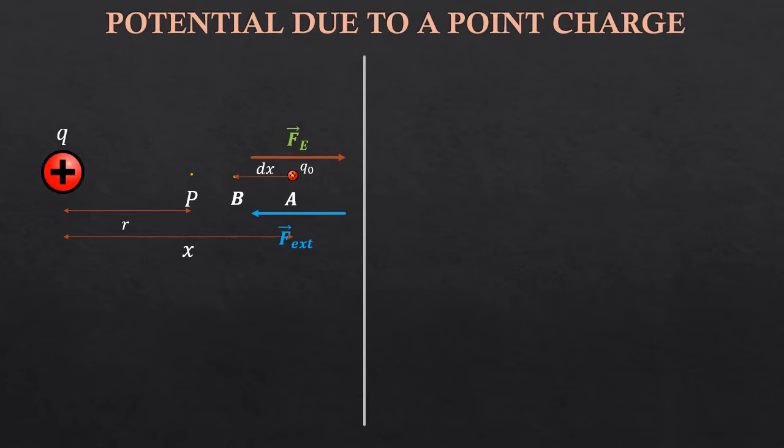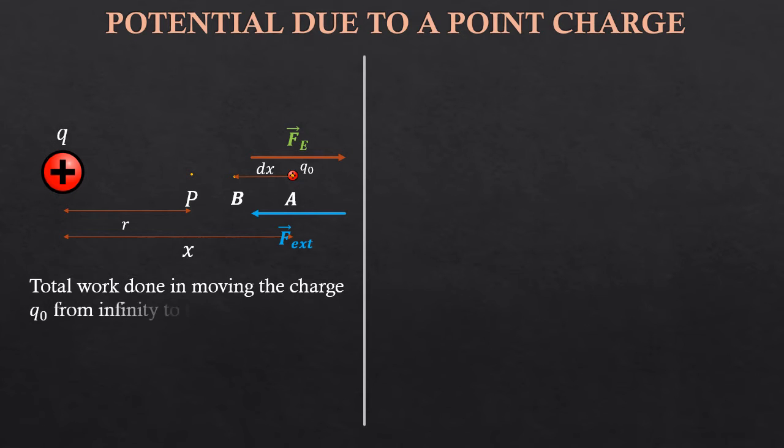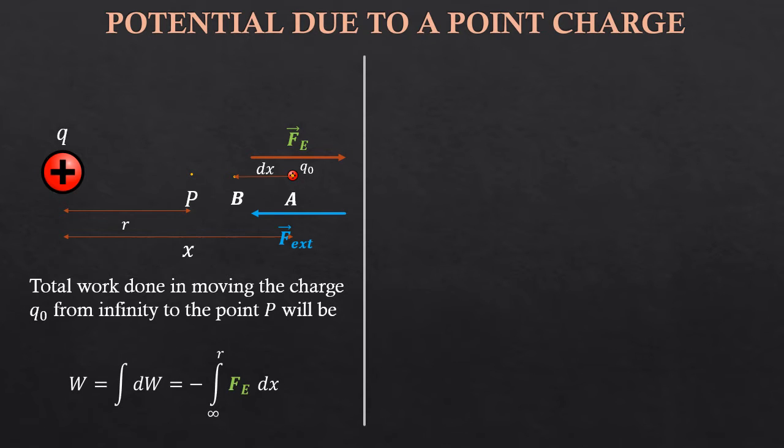So the total work done we can calculate by integrating this dW. So the total work done in moving the charge Q naught from infinity to the point P will be W is equal to integral dW. This will be equal to minus integral infinity to R Fe dx. The minus sign indicates that the work done is against the electrostatic repulsive force Fe.